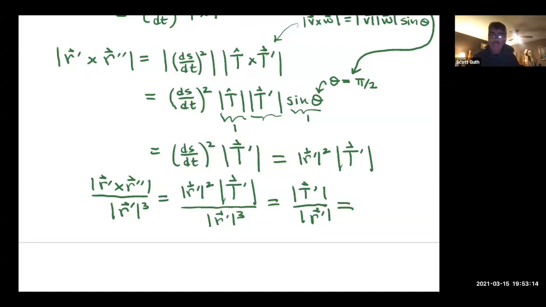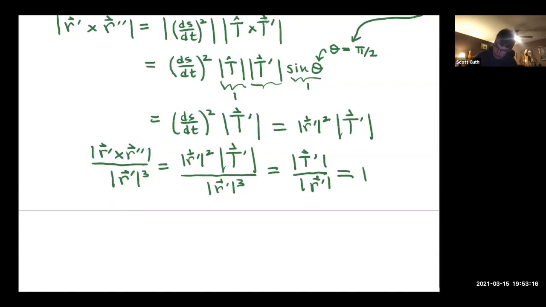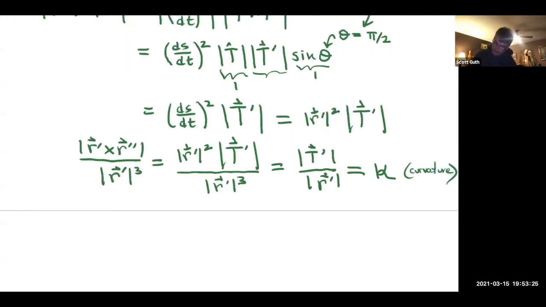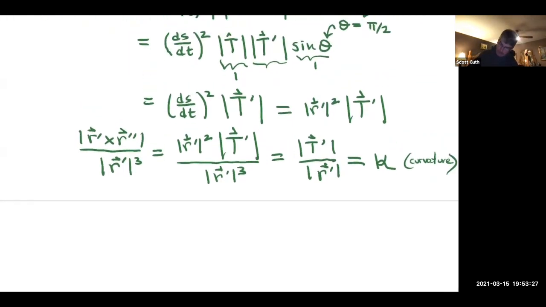That's what they call kappa. That's the curvature. Okay, so that's a proof. We'll just write QED. It is proven.